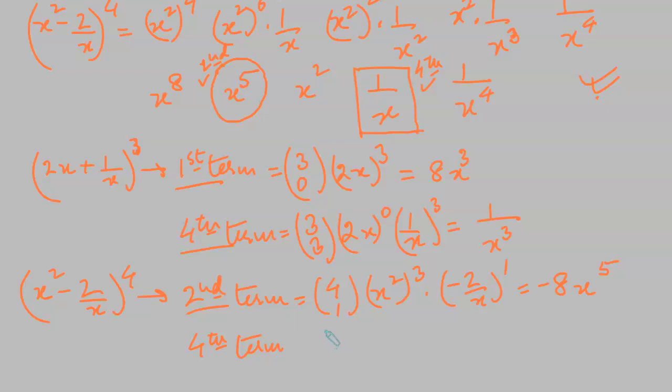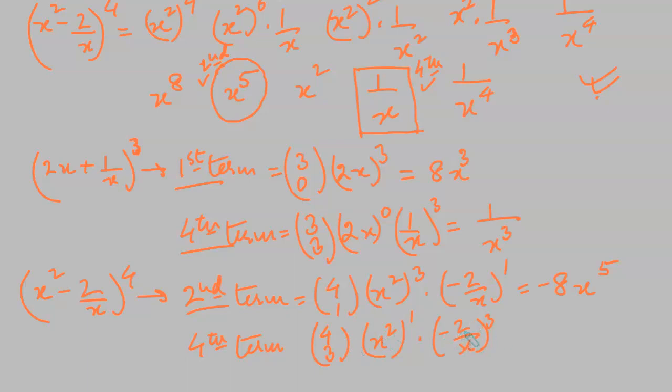So it will be 4C3, (x squared) raised to the power of 4 minus 3, that is 1, and (negative 2 over x) raised to the power of 3. 4C3 is equal to 4C1, since n minus 1 is equal to 4, so 4C3 is equal to 4.